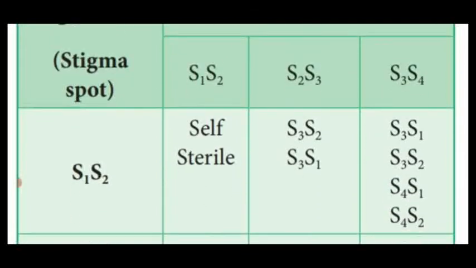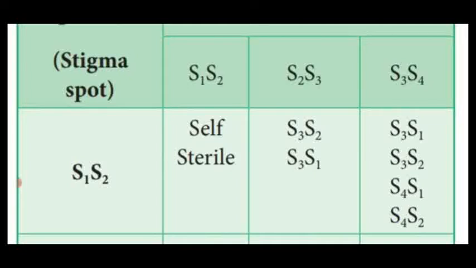First one, they are crossing with the same allele. See that one, S1 and S2. So what I told you, if the cross is made between the same alleles of plant, what will happen? The pollen do not germinate. So that is known as self-sterility or self-incompatibility. So that's why they are given as self-sterile.